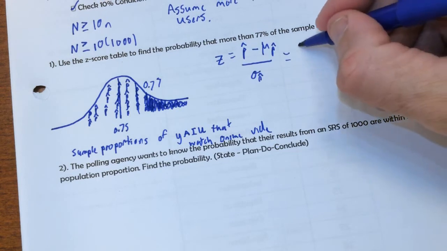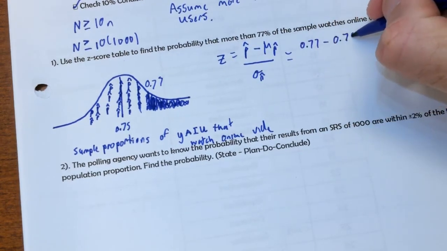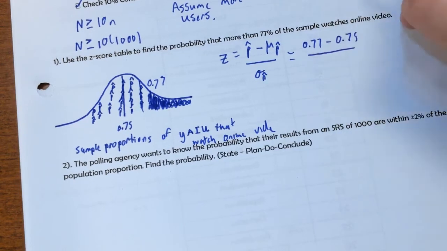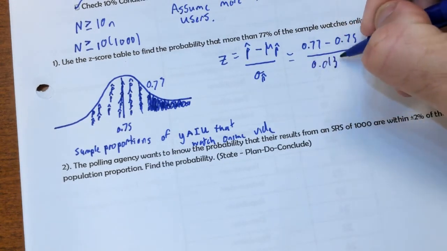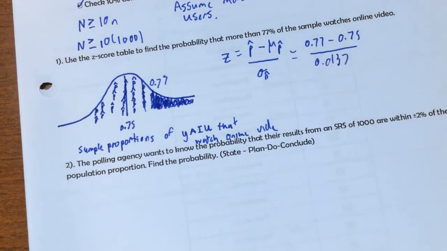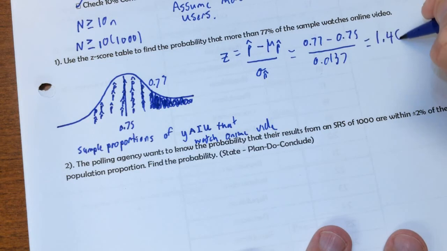And for us, that would be 0.77 minus our mean of 0.75 over our standard deviation that we calculated up here of 0.0137. When I calculate that out, I will get a z-score of about 1.46.